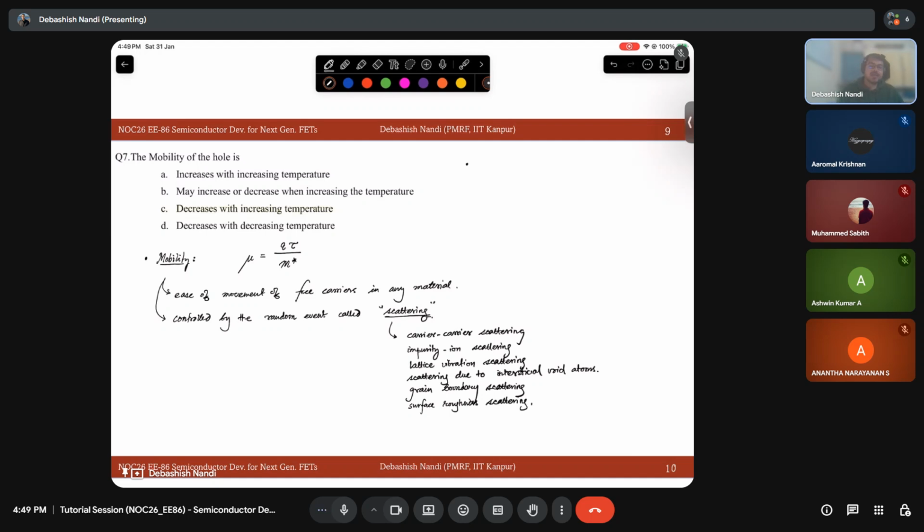Scatterers means, suppose you are going, let's say, at 80 kilometers per hour, riding your motorcycle. The friction on the road with the tires of the motorcycle is one type of scattering. Similarly, let's say you feel hungry, you stop at some food shop or restaurant.